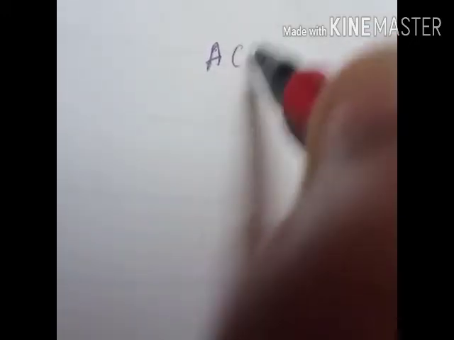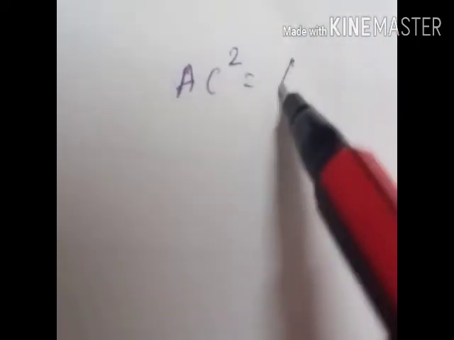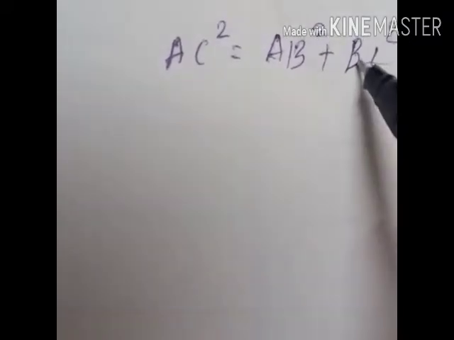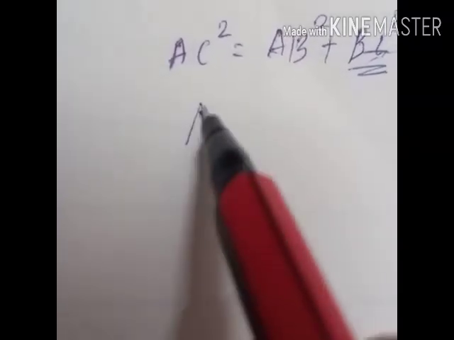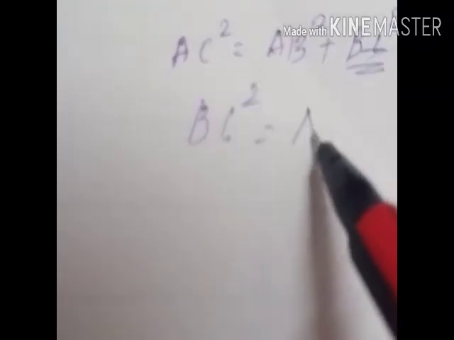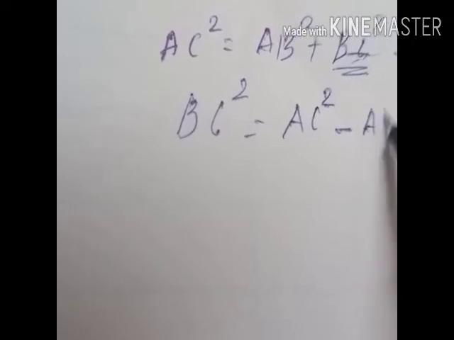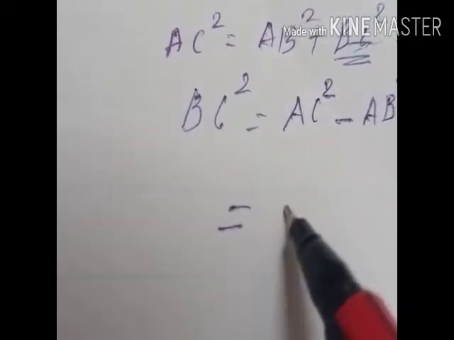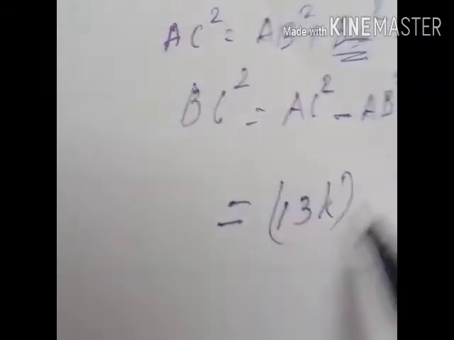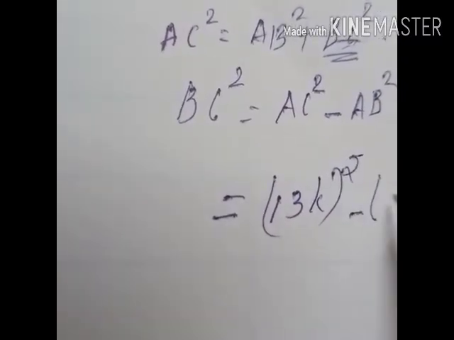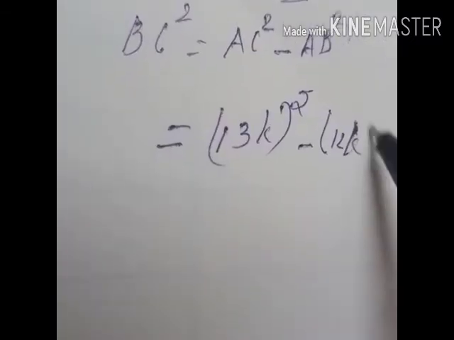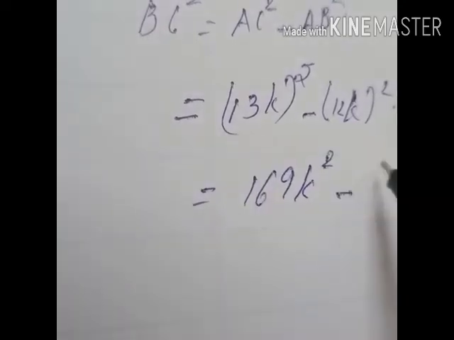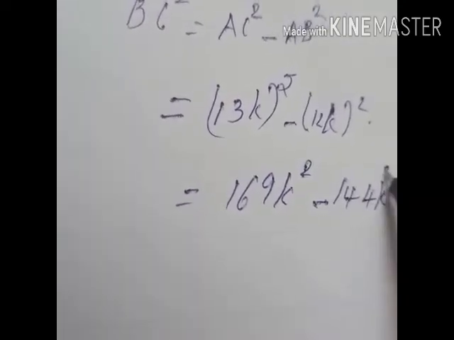That is AC square equal AB square plus BC square. We have to find BC here, so we can rewrite this as BC square equal AC square minus AB square. Then we substitute the values. AC is 13K, so its square, minus AB is 12K. So 169K square minus 144K square.